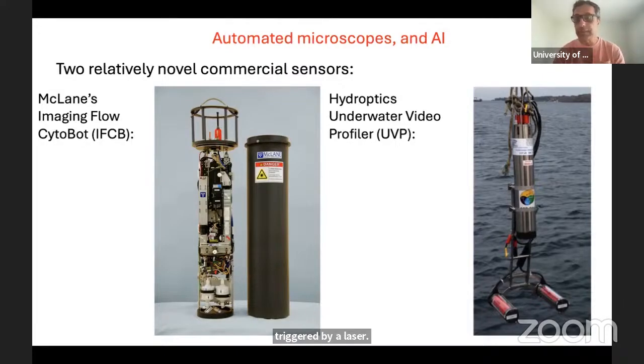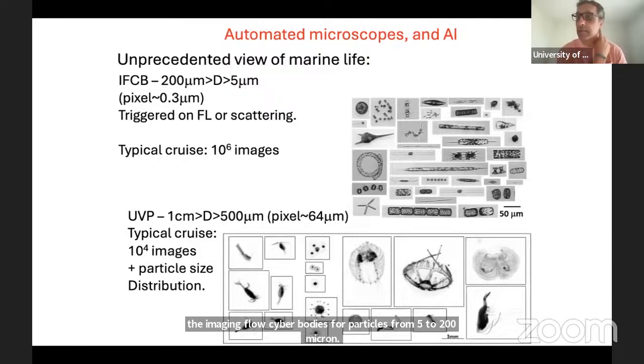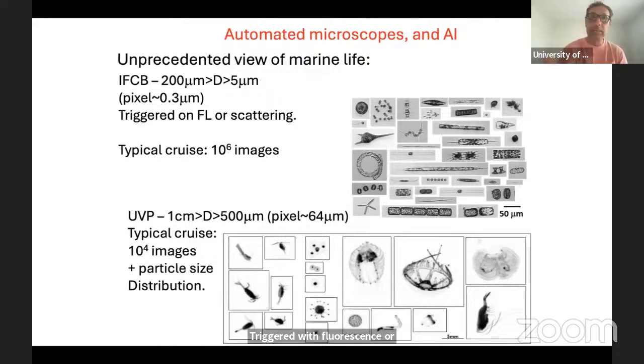Both are for very different sizes of particles. The IFCB, the Imaging FlowCytobot, is for particles from 5 to 200 microns, triggered with fluorescence or with scattering. You can see the imaging on the right. And typically we come back from a cruise with 1 million images from that instrument that we put inline, and continuously, wherever the boat goes, we collect data.